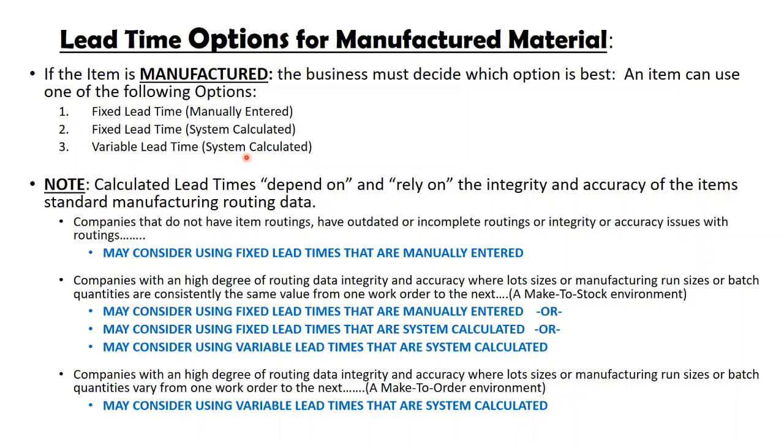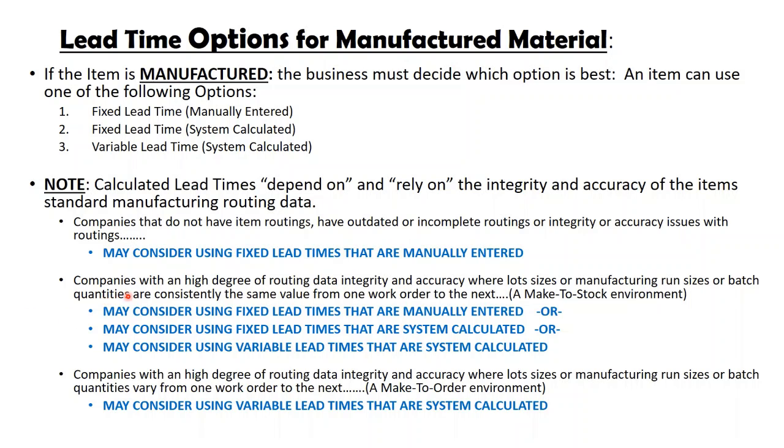Now note, calculated lead times depend on and rely on the integrity and accuracy of the item's standard manufacturing routing data. Companies that do not have item routings, or have outdated or incomplete routings, or just integrity or accuracy issues with their routings, may consider using fixed lead times that are manually entered.